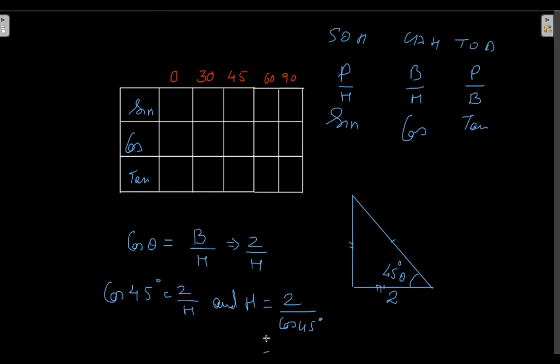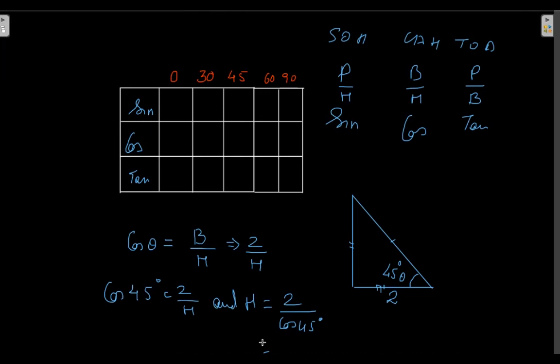Now, in some boards, for example in the IB board, calculators are allowed. In some boards like CBSE, the calculators are not allowed. Either way, it's good practice that for all the important angles, we know the values of sine, cos, and tangent.